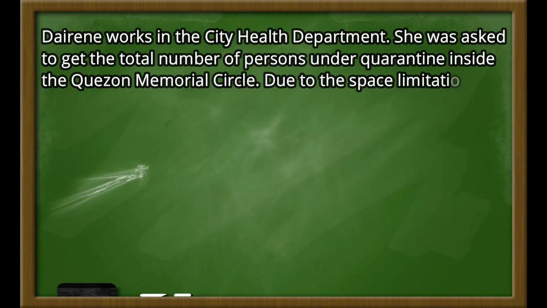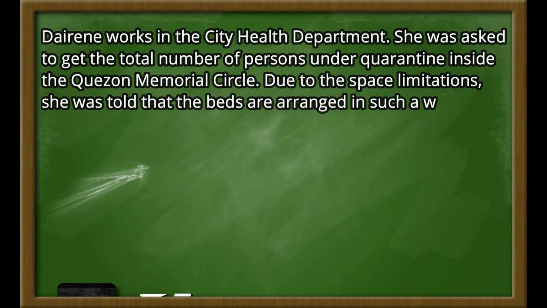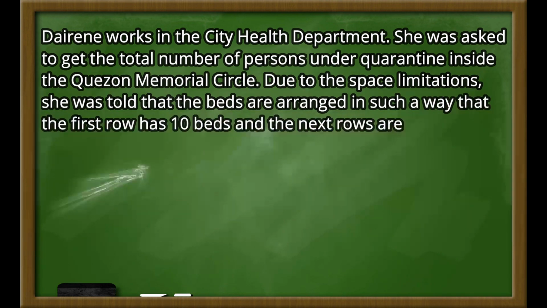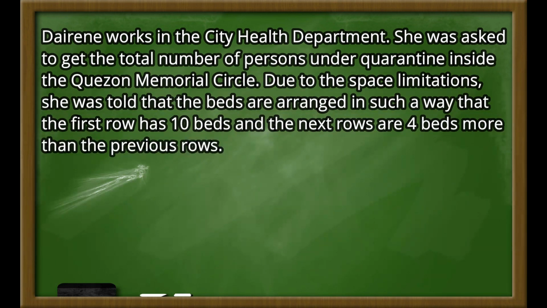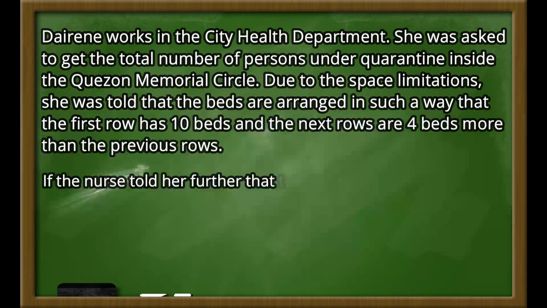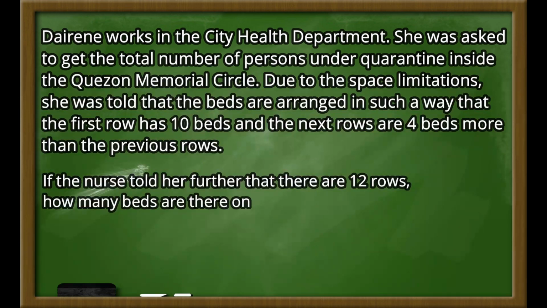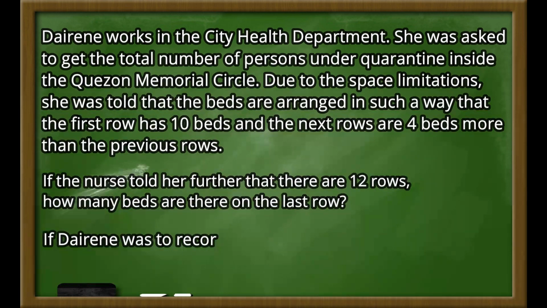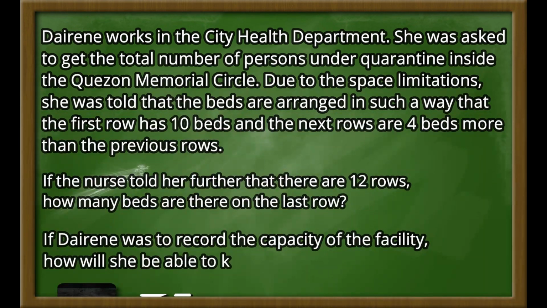Due to space limitations, she was told that the beds are arranged in such a way that the first row has 10 beds and the next rows are 4 beds more than the previous rows. If the nurse told her further that there are 12 rows, how many beds are there on the last row? And if Irene was to record the capacity of the facility, how will she be able to know?